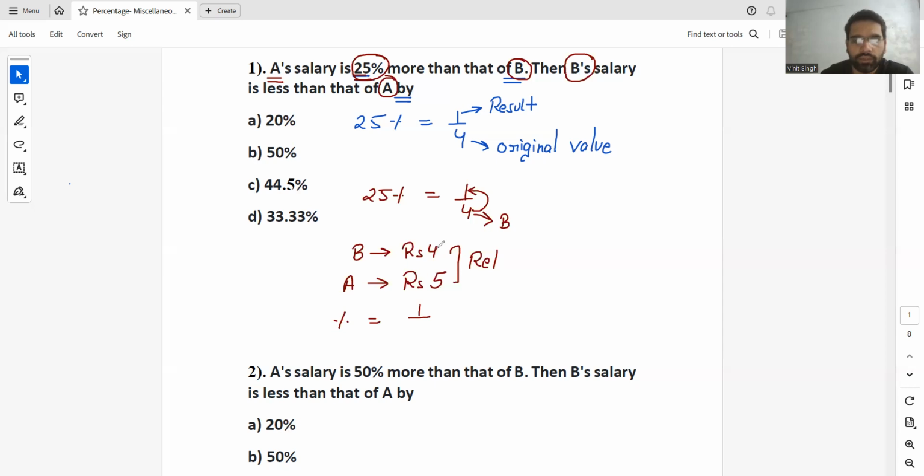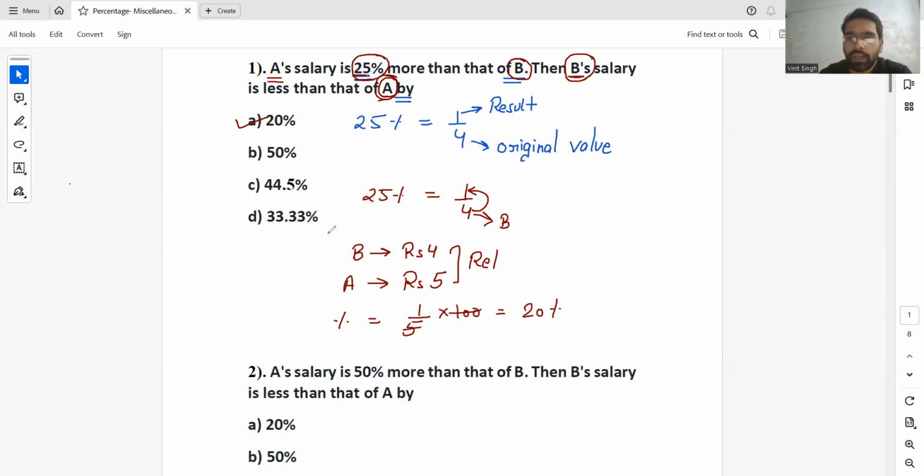In this case, the earning is decreasing because B earned rupees 4 and A earned rupees 5. Now in the denominator, we will take the value of A because we are comparing the earning of B with respect to A. So A's earning is 5, into 100. It becomes 20%. So B earned 20% less than A.